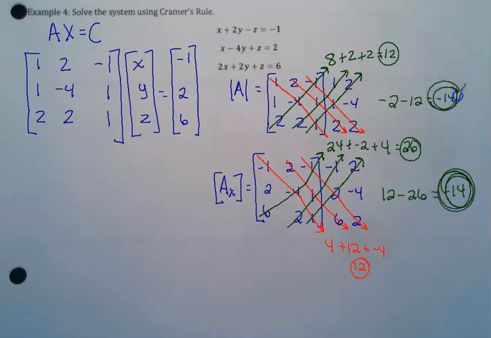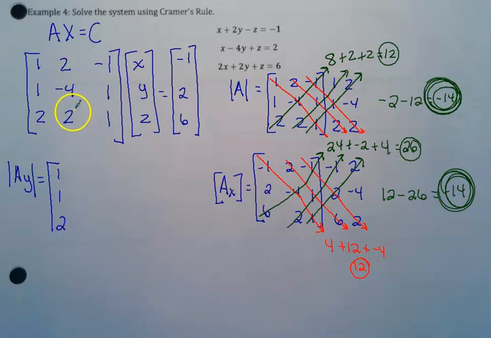I've got a lot of numbers circled up here. Maybe I shouldn't circle so many of them. So we have two that are -14. Okay, I'm going to have to move over here to find my determinant of a sub y. In this one, we're replacing the y column with our constants. So I'm going to write this column first, 1, 1, 2.